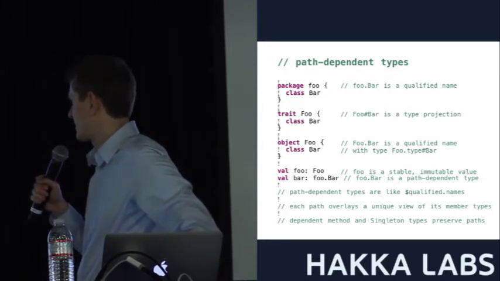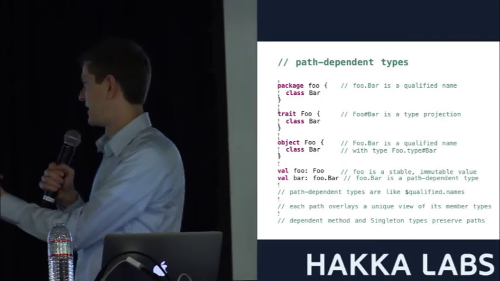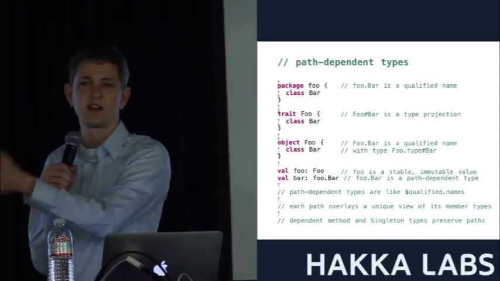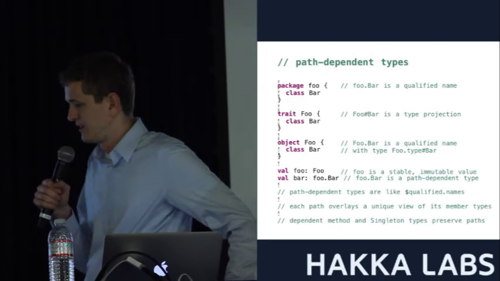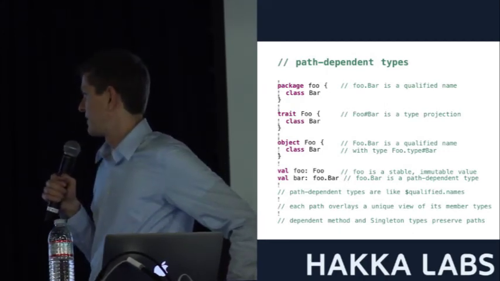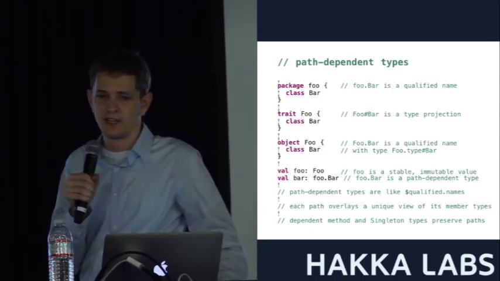And where Scala really gets unique is with these stable immutable values. I remember when I first learned Scala, looking at vals and being like, oh hey, that's just a way to stop you from updating a variable. But vals are really much, much more than that. They're not just a variable that you can't update.